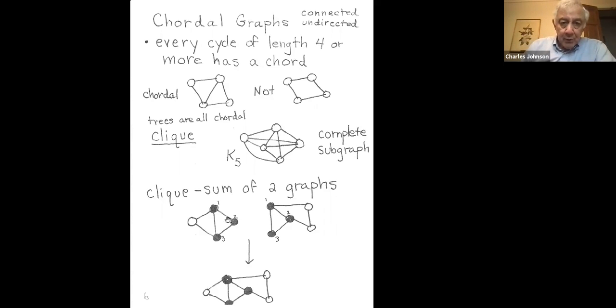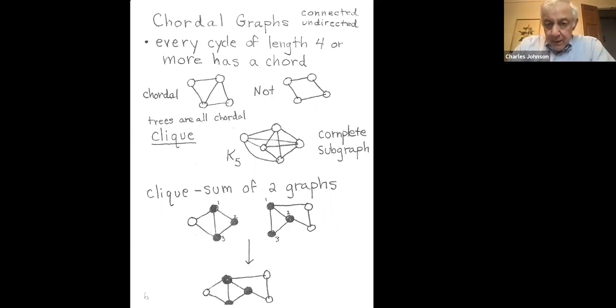For example, this graph is chordal because it has a chord cutting across the 4-cycle. And this one is not because there's no chord in that cycle. Every tree is naturally chordal because there are no cycles, and so the definition is vacuously satisfied.